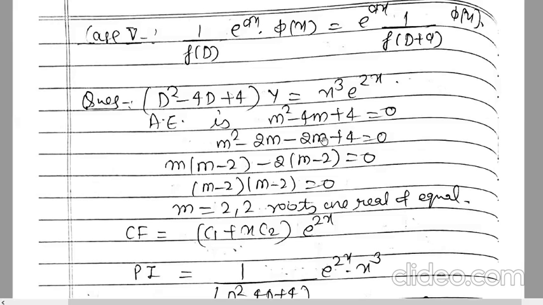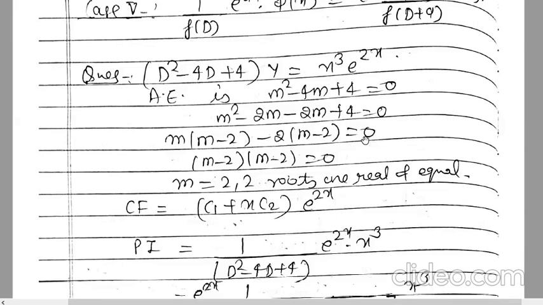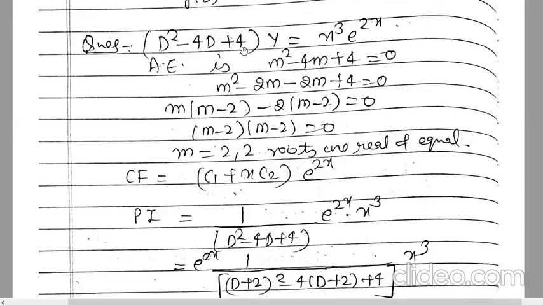There is an example here, so you will understand better by the example. D square minus 4D plus 4 of y is equal to x cube e to the power twice x. First our target is to find the complementary function, so we make the auxiliary equation: m square minus 4m plus 4 is equal to 0.